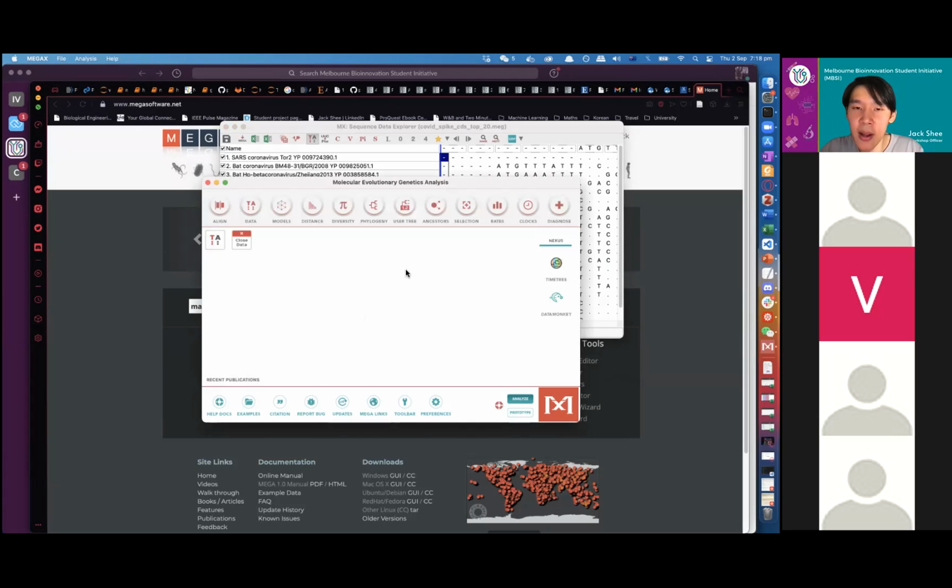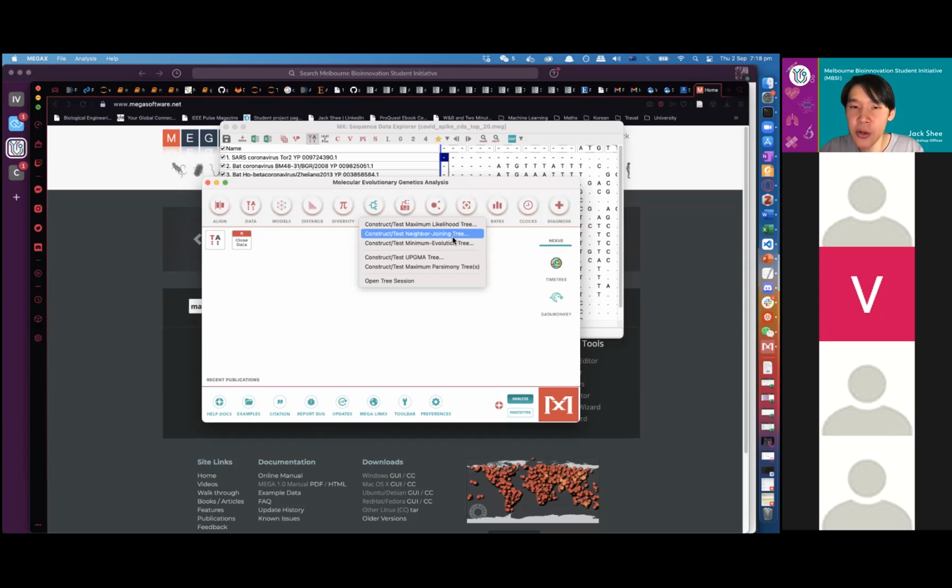But what's important now is that I can click this phylogeny. And then I can construct, for example, a maximum likelihood tree, a neighbor joining tree, a minimum evolution tree that we haven't even talked about, but you can tell it's kind of parsimony based, a UPGMA tree, and another maximum parsimony tree.